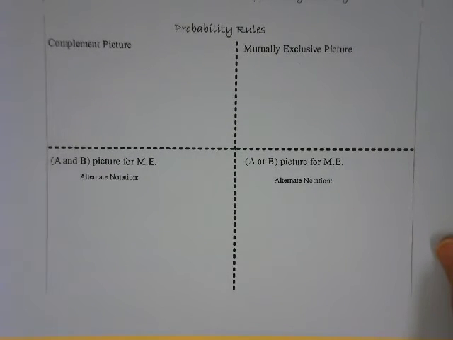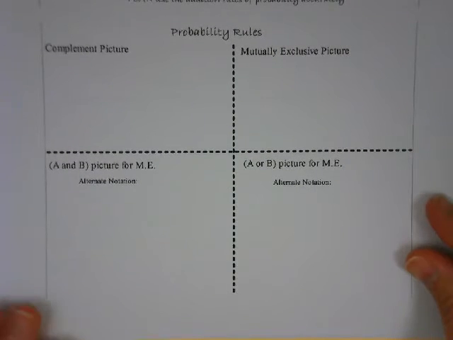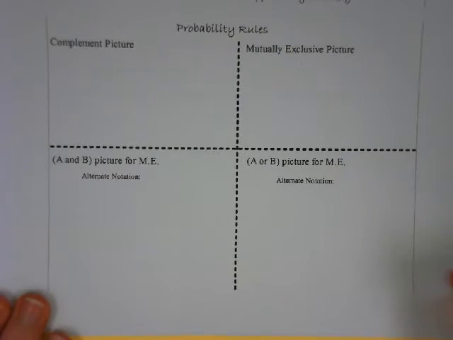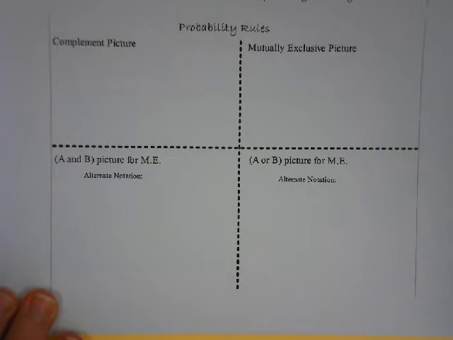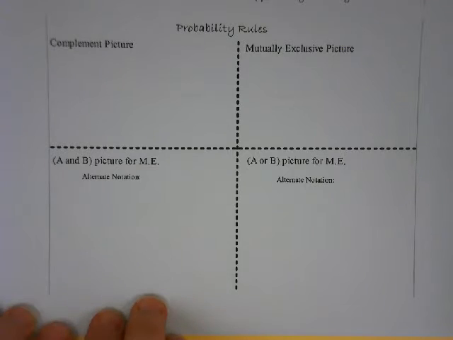So today we're going to be looking at Venn diagrams to help us visualize some different situations with events. And then we'll eventually get to use two-way tables, tree diagrams.